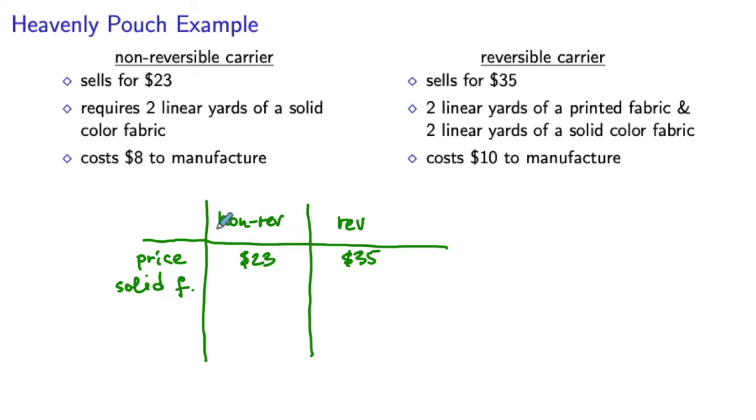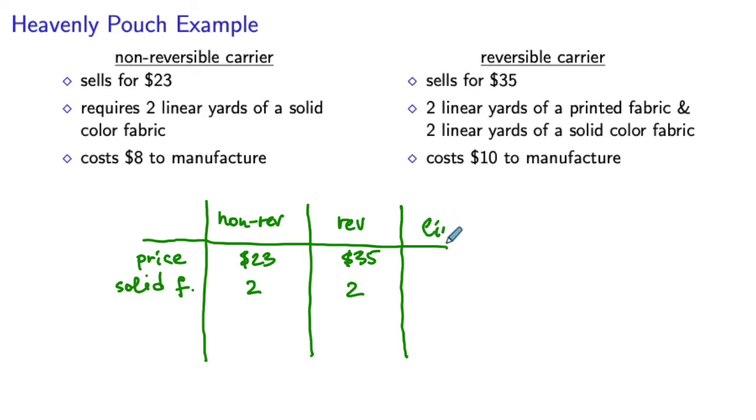So one non-reversible carrier requires 2 linear yards of solid color fabric. So we put 2 here. And one reversible carrier also requires 2 linear yards of solid color fabric. So 2 here as well. And then here we will use this last column to describe the availability of each resource.